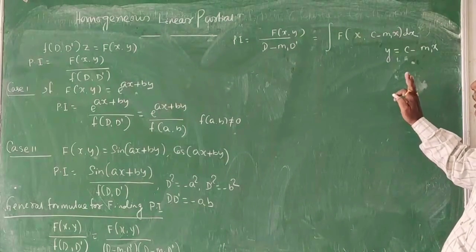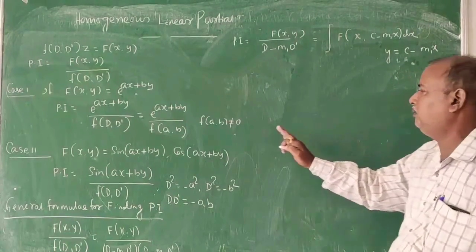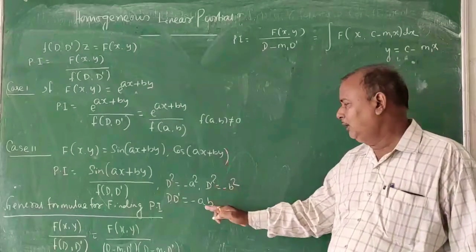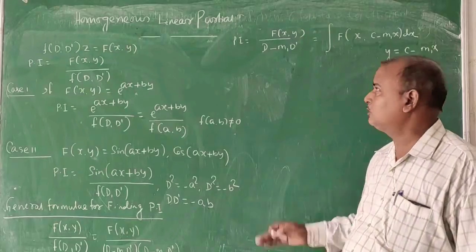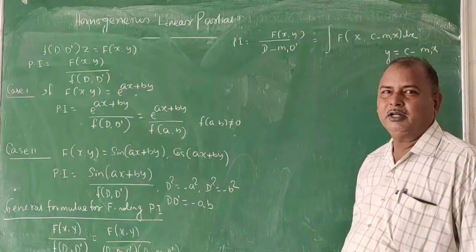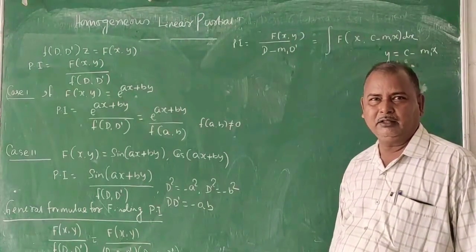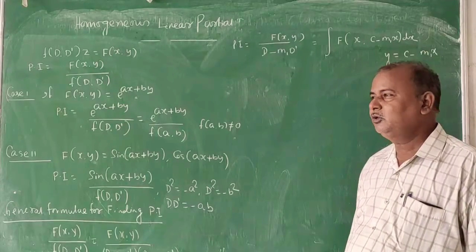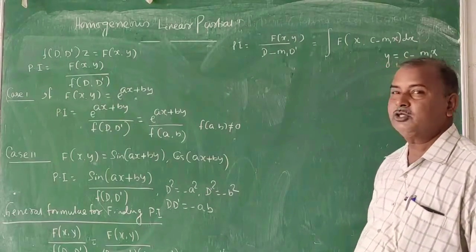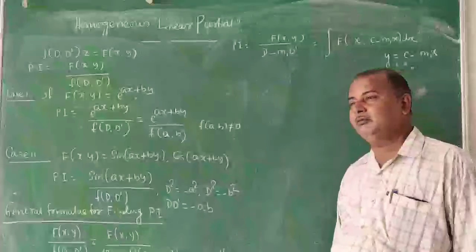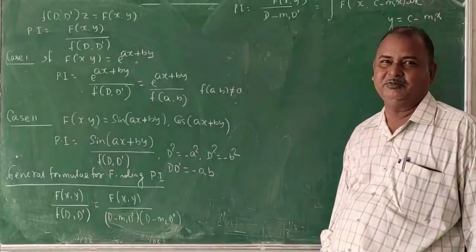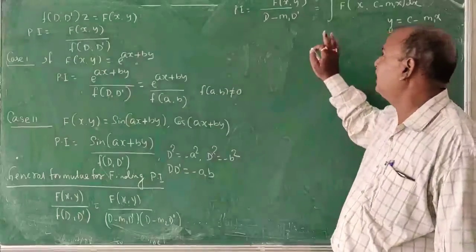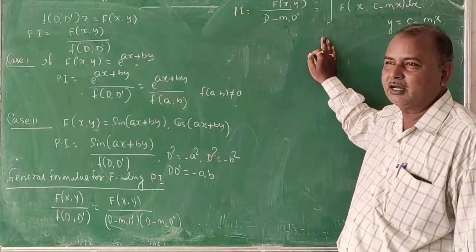So this is the general formula if f of a, b is equal to 0, that is, when substituting gives the denominator equal to 0. This formula also holds good for x to the power m and y to the power n. There you can't apply the binomial theorem, so you have to take the help of this general formula.